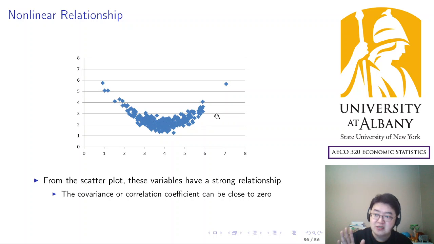From that assumption, we studied the slope of the line and the strength of the relationship. But if you see something like this, a very strong relationship that is just not linear, then our method is not applicable.